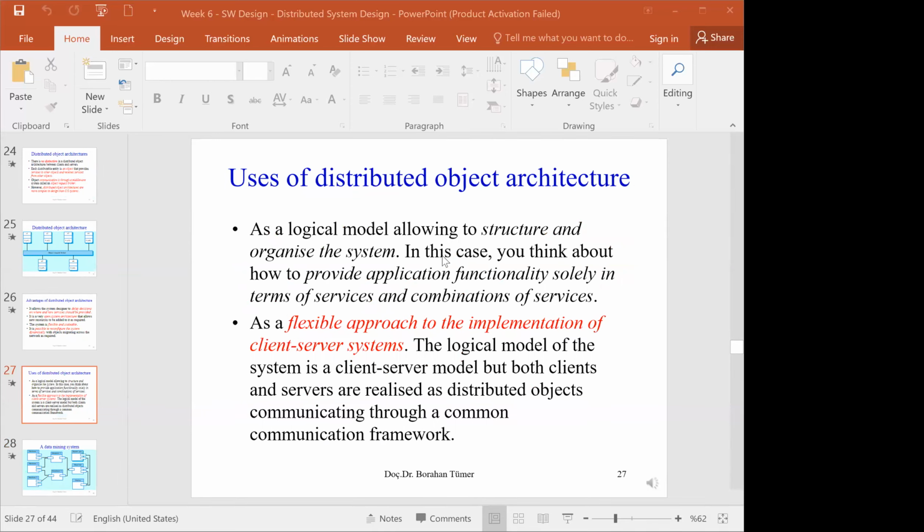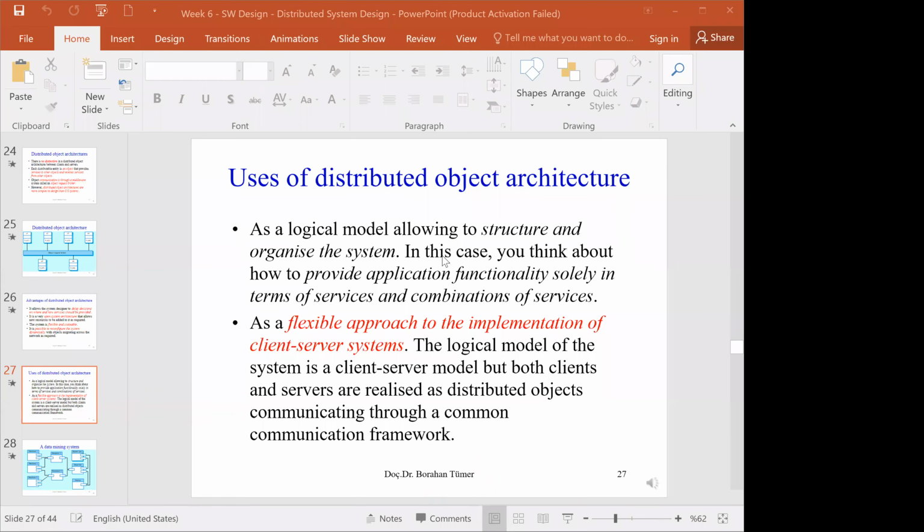Well, what are the uses of distributed object architecture? As a logical model, allowing you to structure and organize the system. In this case, you think about how to provide application functionality only in terms of services and combinations of services. As a flexible approach to the implementation of clients.